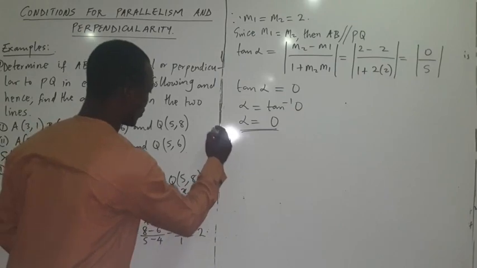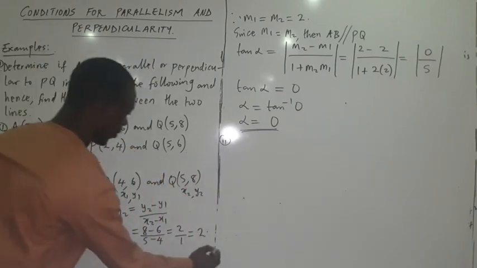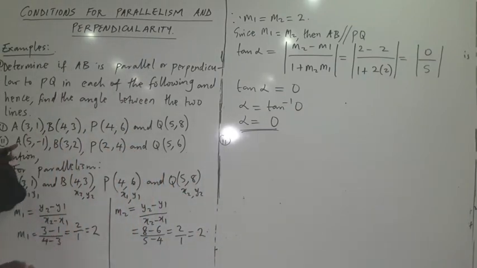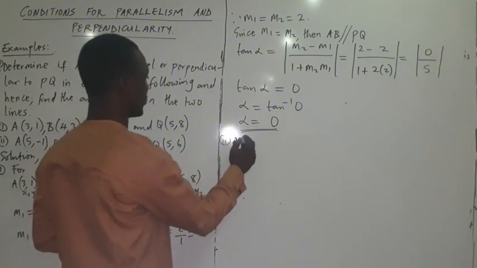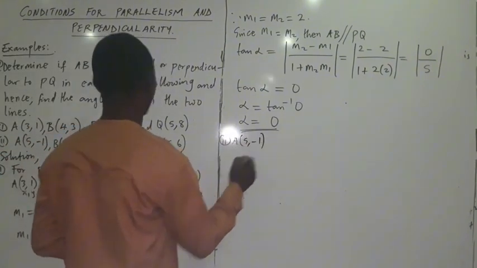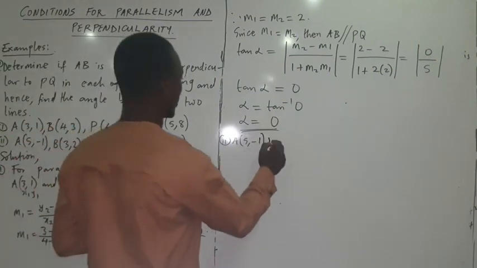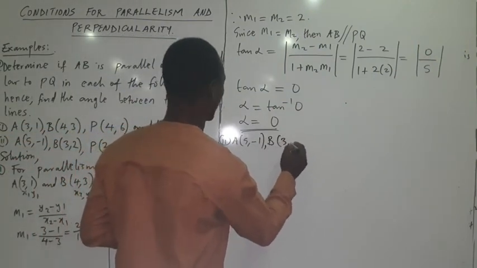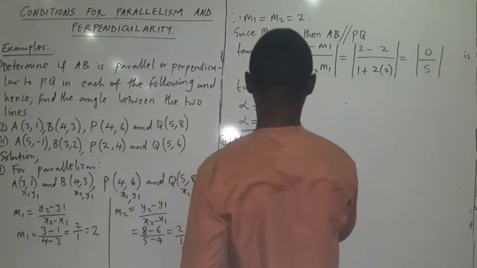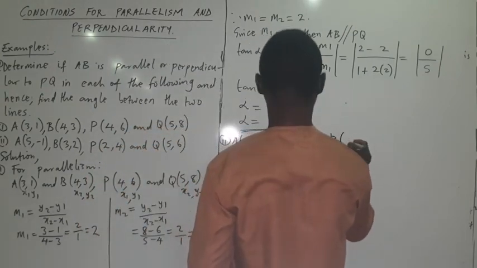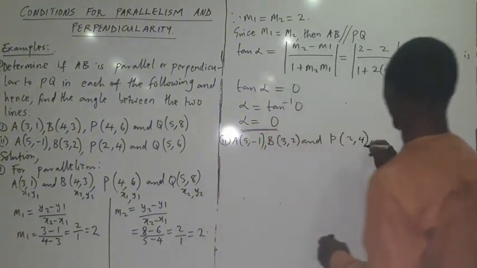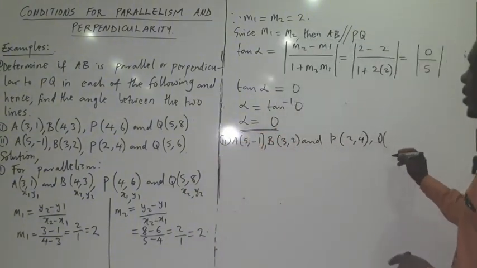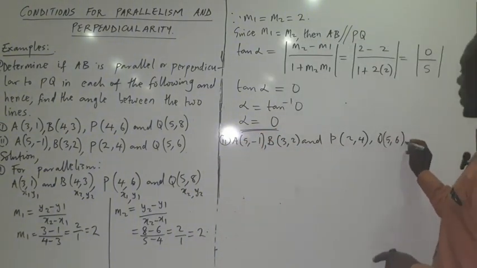Roman figure 2 says A of coordinates 5, minus 1, B of coordinates 3, 2, and P of coordinates 2, 4, Q of coordinates 5, 6.